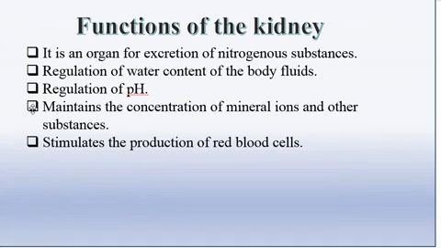We listed some of the functions of the kidney. For example, it is an organ for excretion of nitrogenous substances from the body, regulation of water content of the body fluids, regulation of pH. Also, it maintains the concentration of mineral ions and some other substances. And lastly, it is also involved in the production of red blood cells.